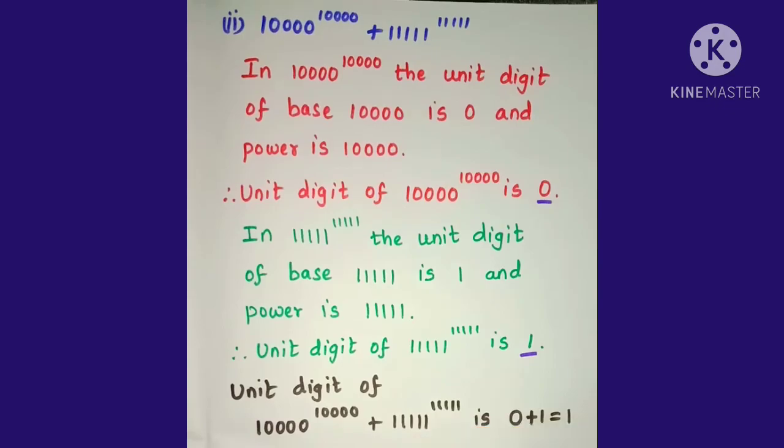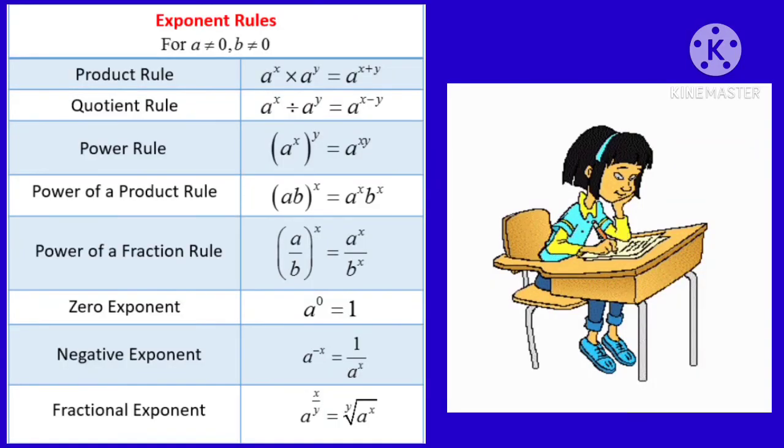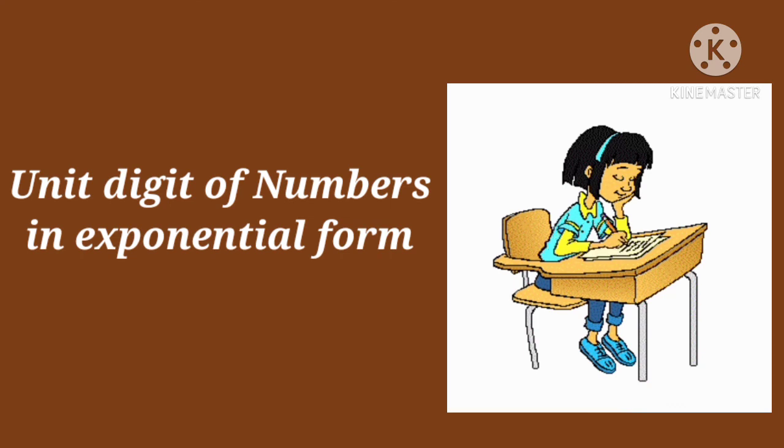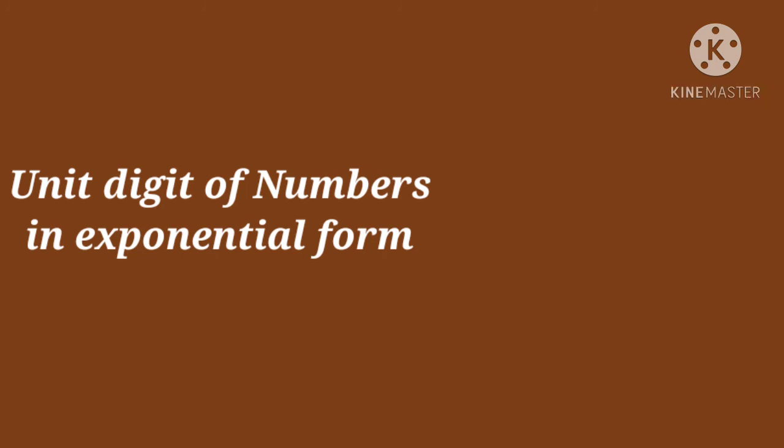Students, I hope you are all clear in the topic law of exponents. Go through once again. Students, I hope you are clear in the unit digit of numbers in exponential form. Once again, let us recall.